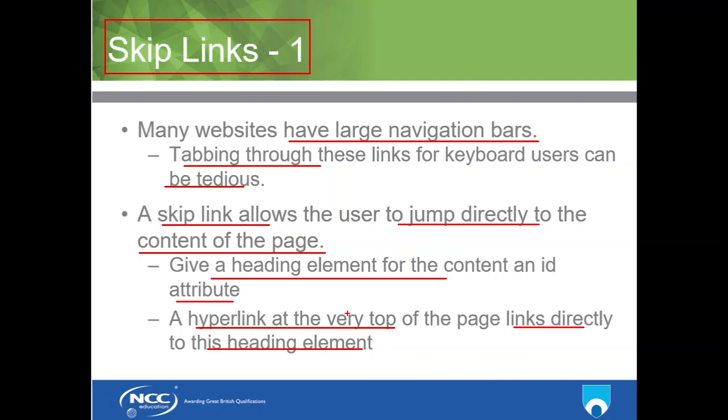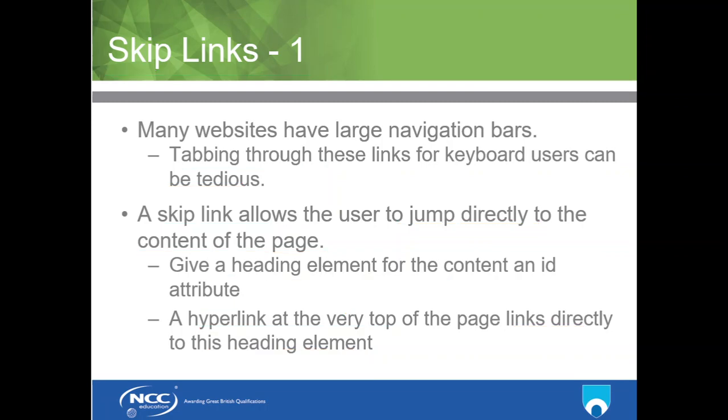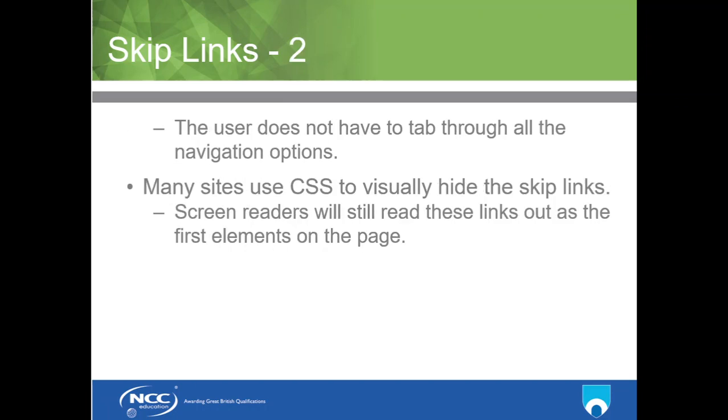You remember the example we gave earlier of in-page links. To create skip links, you use in-page links, so that a person doesn't have to scroll to heading 2. They can just click a hyperlink and be taken to that heading 2. That is what we call skip links. So the user does not have to tab through all the navigation options. They can just click on that and it goes there.